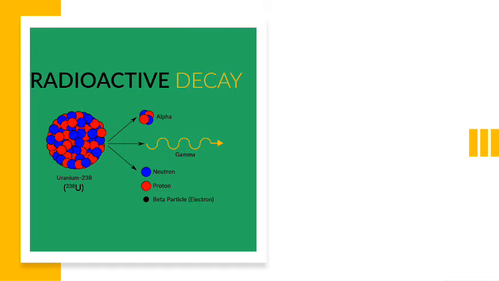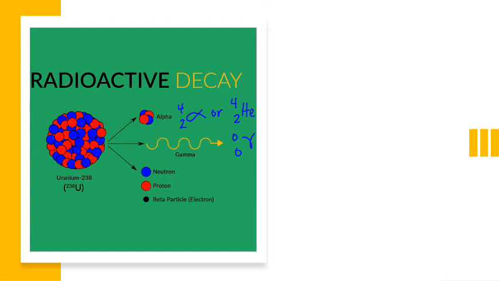Okay, the first thing you want to do is just memorize the symbols. For alpha, it's going to look like this. Anytime you see this, it is alpha, or it will be a helium atom. Gamma usually looks like this. That's how you know you have gamma.